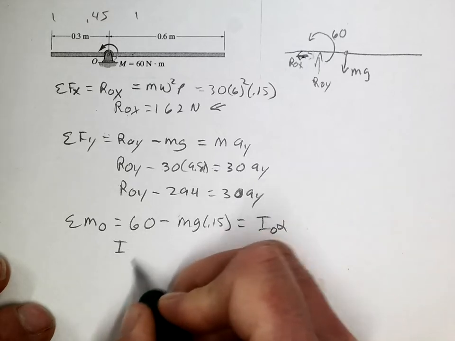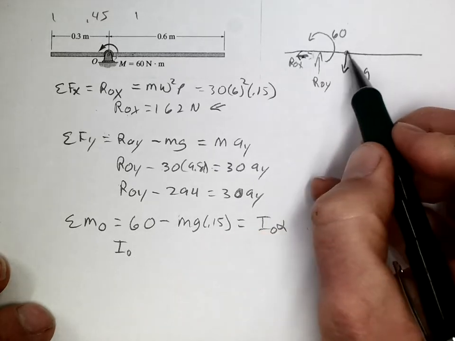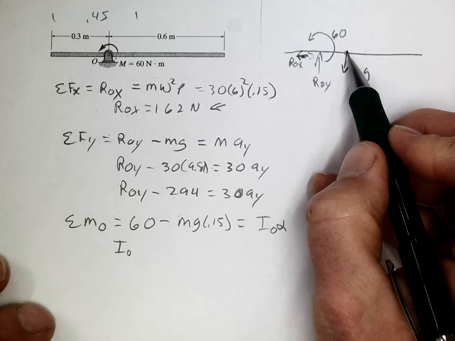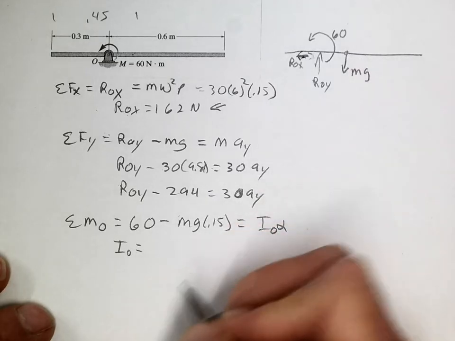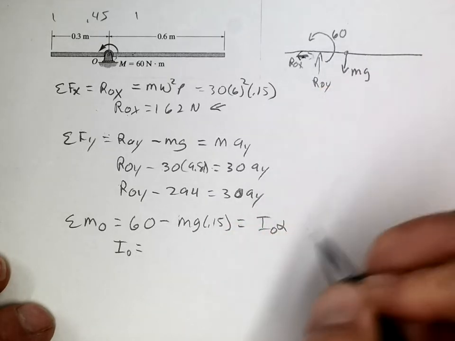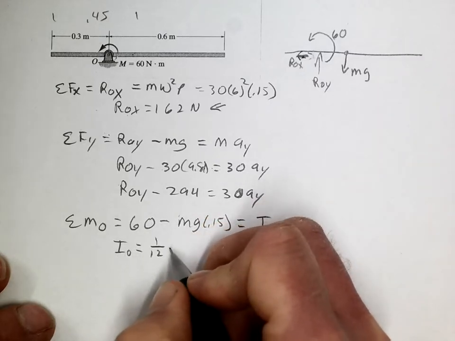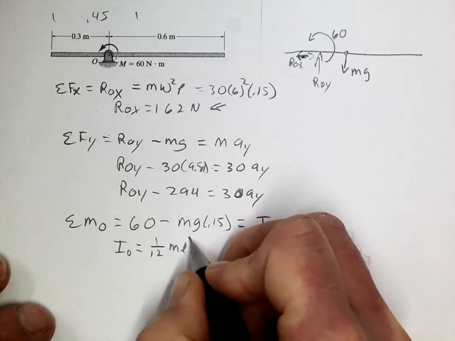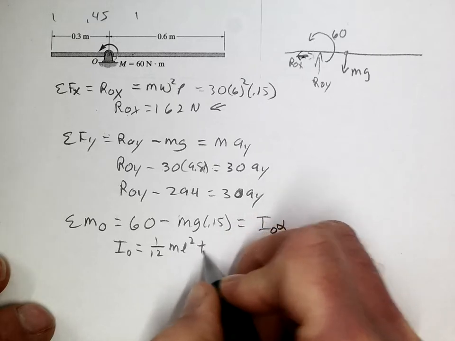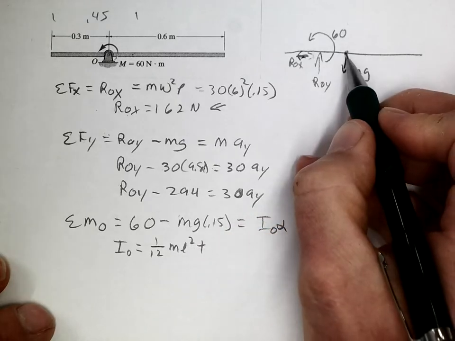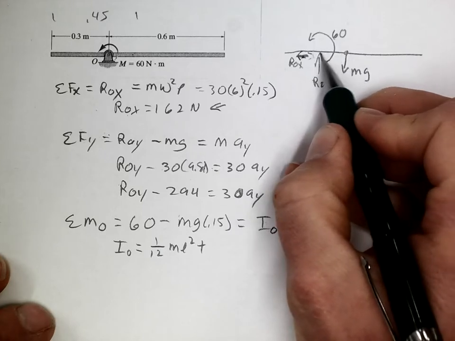This is a cylinder rod, and the moment of inertia of a cylinder rod about the centroid, according to the back cover, is 1/12 ml squared. Then we don't want it at the centroid, we want it at O, which is 0.15 off.